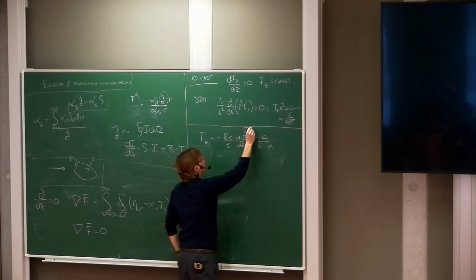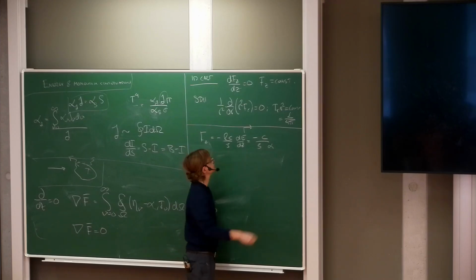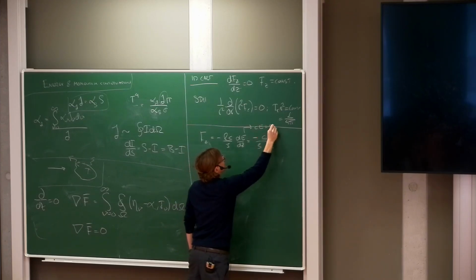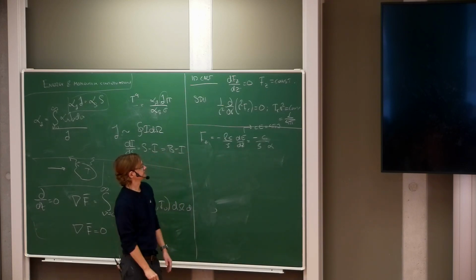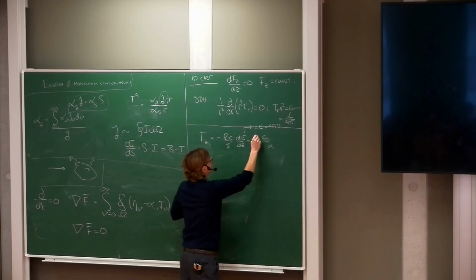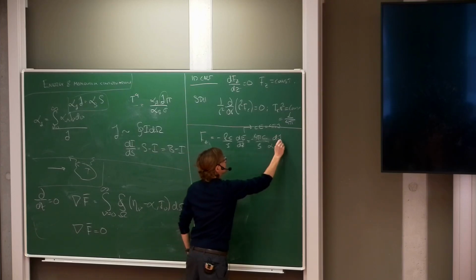We need to go back to our course book, our lecture notes, to see that cE is really 4 pi J in this case.